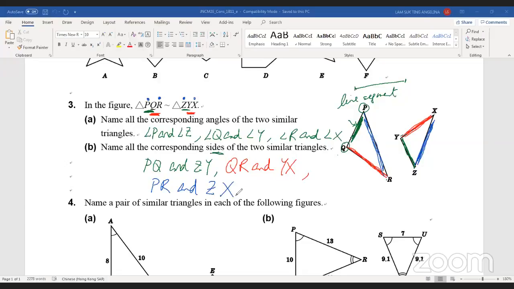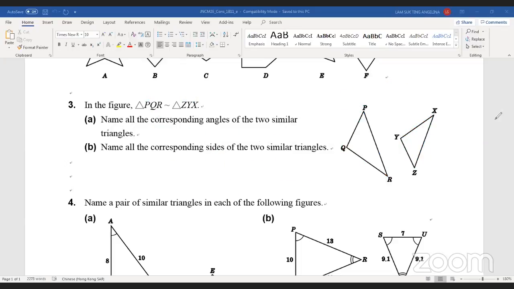It is very important that you know how to name the corresponding angles and corresponding sides, because later when you are asked to solve for some unknown length or unknown angles, you need to pair them up. If you don't know how to pair the angles and sides, then you don't know how to extract the information.